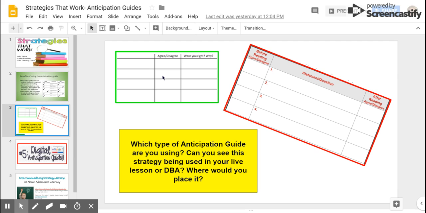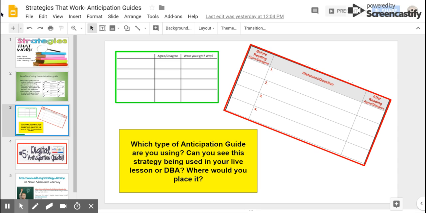So when I'm asking where you would place it in the lesson, think about having them complete it before the lesson, and have them complete it after the lesson. They can even use it as part of a guided note template to complete throughout the lesson. These really spark some good conversation and discussion. So just some things to think about.